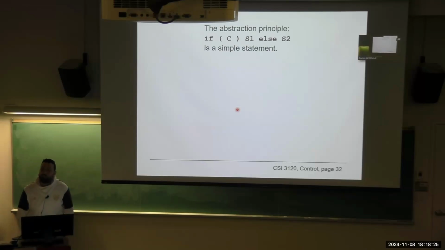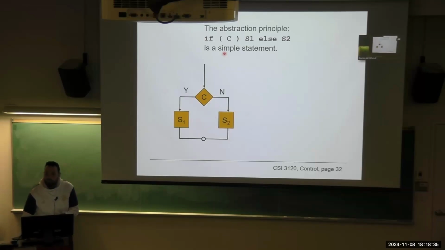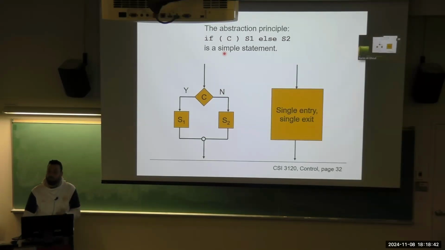Now, the abstraction principle of this, because again, how would this be super simple? Even though it looks like this, how can I visualize it, or how can I deal with it in an abstract way? Single entry, single exit.